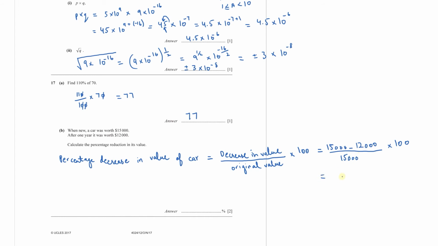So 15,000 minus 12,000 would be 3,000, divided by 15,000, into 100. These three zeros and these three zeros cancel out. 3 times 1 is 3, 3 times 5 is 15. So you get 100 by 5, which is 20%. So your percentage decrease in the value of the car was 20%.